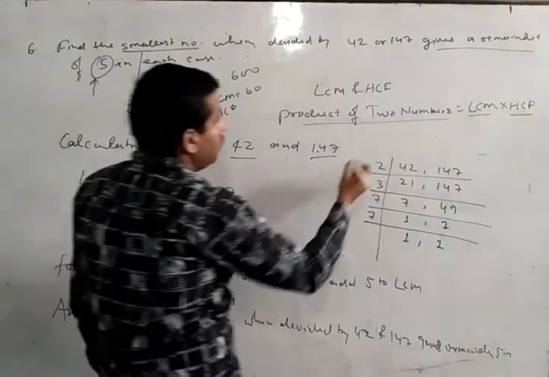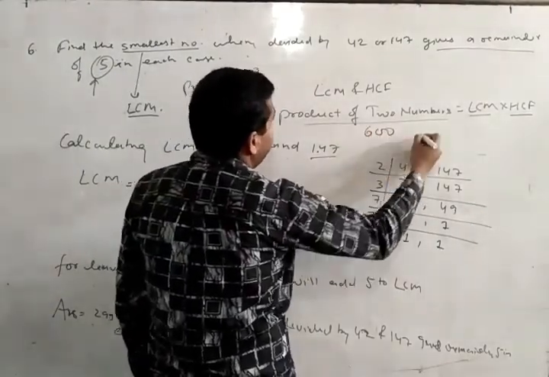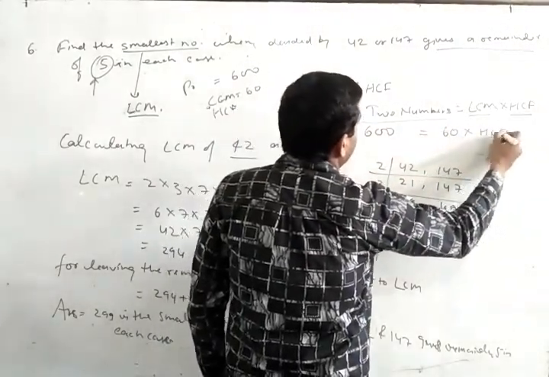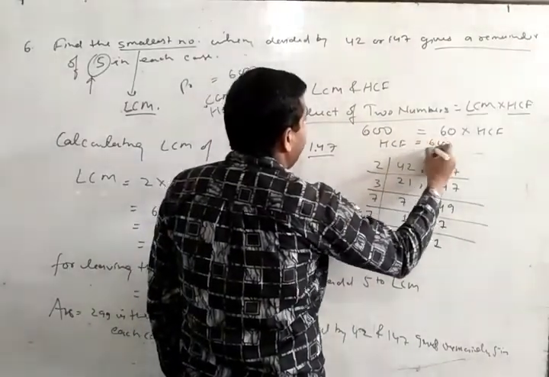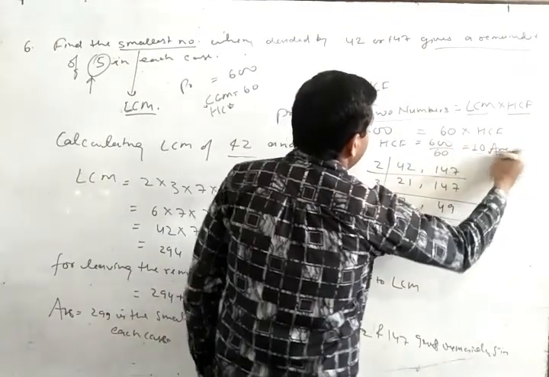So what will you do? You will put the values: 600 equals 60 cross HCF. Making the HCF the subject, you will get 600 divided by 60 equals 10, and it is your HCF.